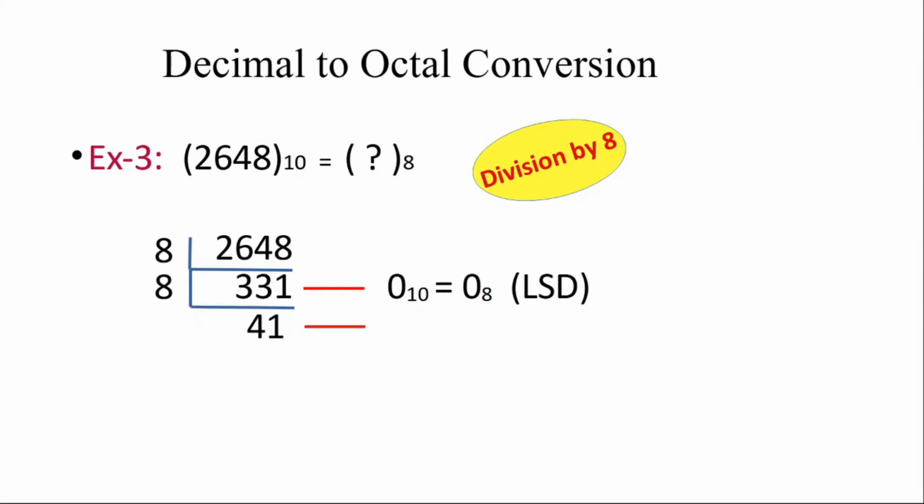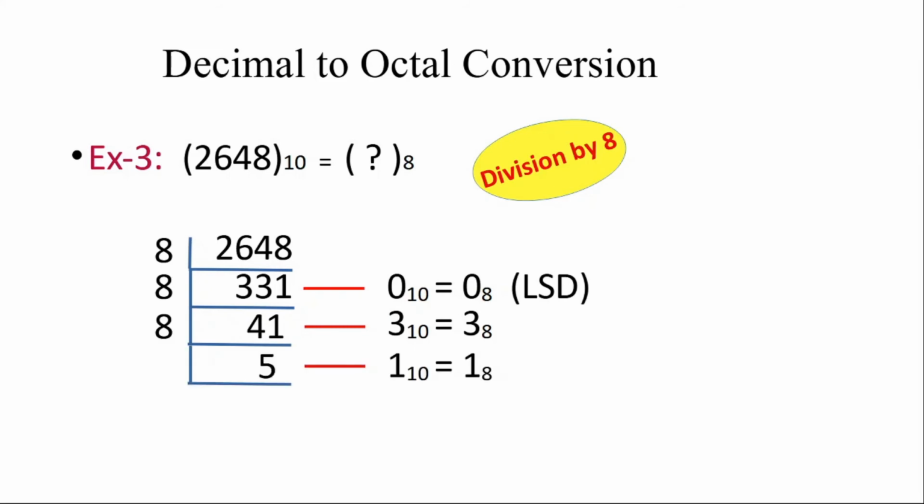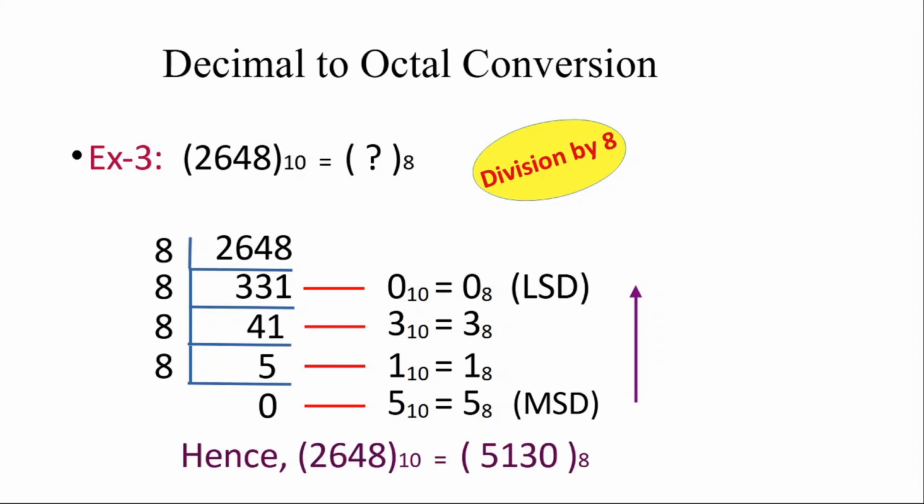And if we perform the division operation again, then we will get the remainder as mentioned. Finally we will get the quotient as 0 and the remainder will be 5. This 5 will be the MSD. Now we have to move up or read up to get the octal equivalent of this decimal number. Here 5130 is the octal equivalent of decimal number 2648.